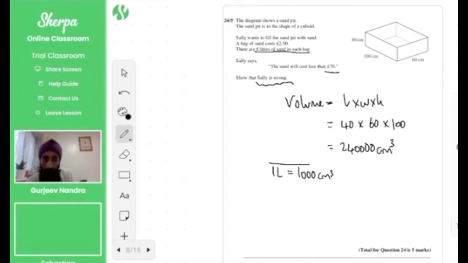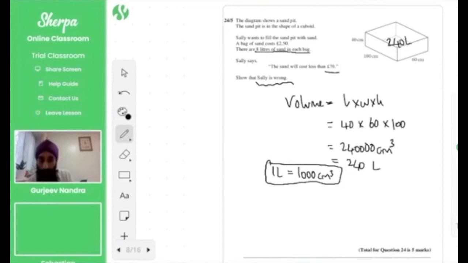That's not given. In fact, in some questions it is, but in others it isn't. So I'd encourage it to be something that you take away with you and learn. Anyway, if we want to convert centimetres cubed to litres, we simply divide by 1,000. So that's 240 litres. Okay, so we can fit 240 litres of sand in this box.